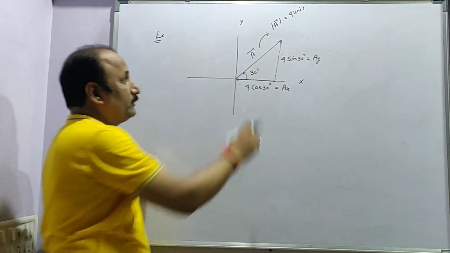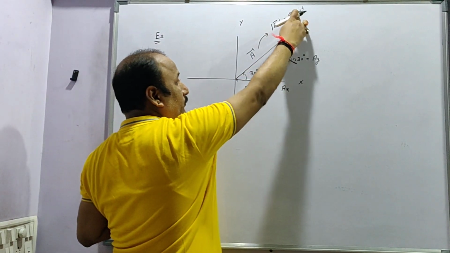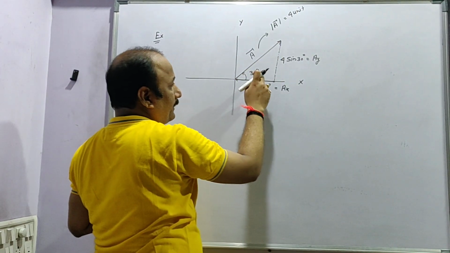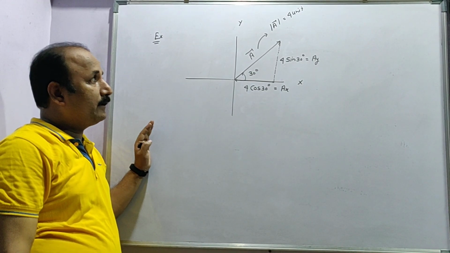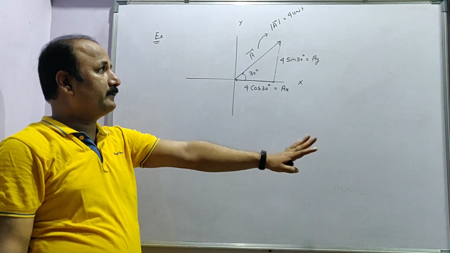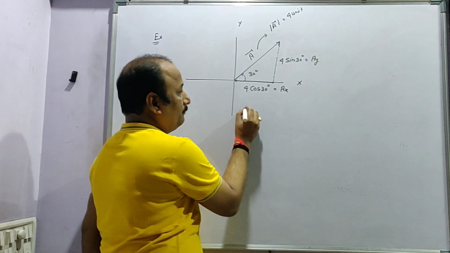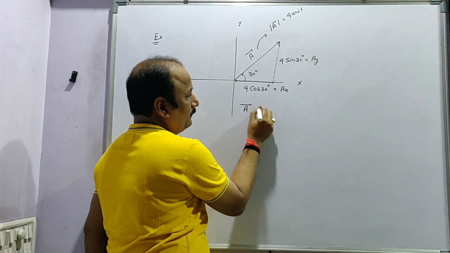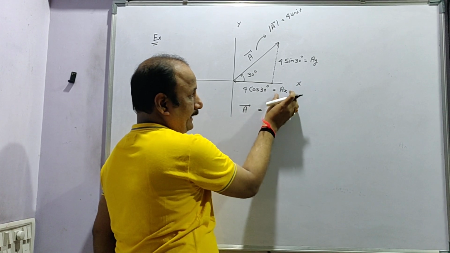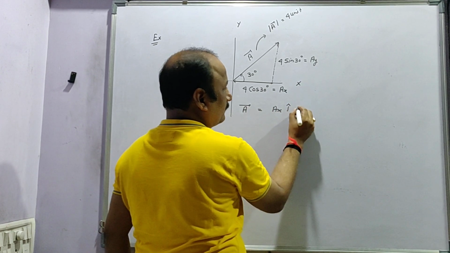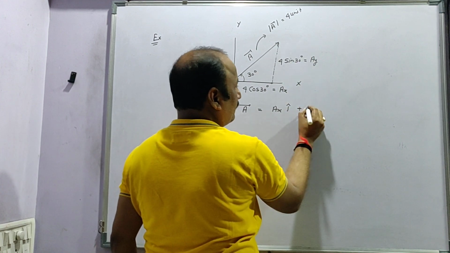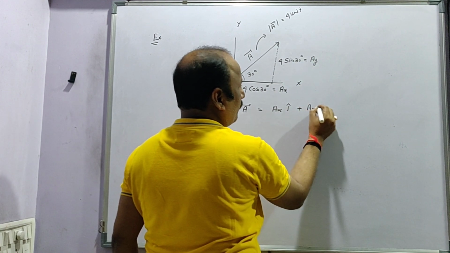Okay, so this vector whose magnitude is 4 unit and whose direction with respect to x axis is 30 degree can now be written in its polar form. Vector A is equal to AX along x axis plus AY along y axis.